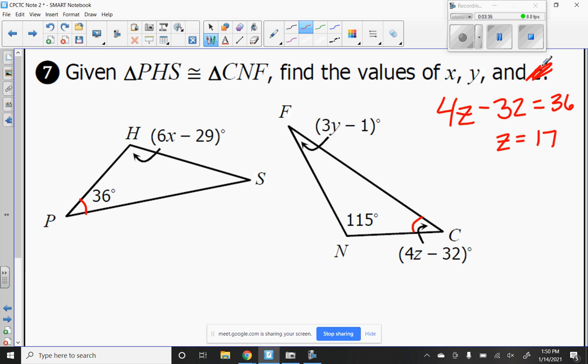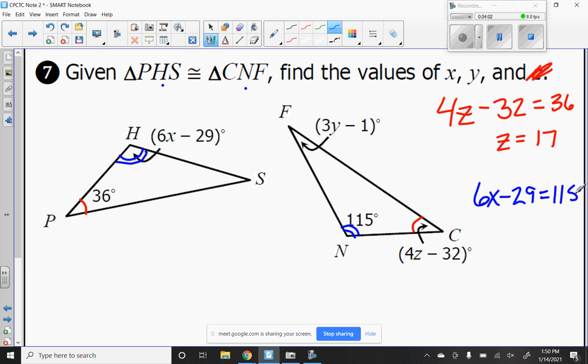You don't have to go in order. I'm just starting with my letters. So now I'm going to look at H and N. So here's H. I'll mark that with blue, double dash, and N. Okay, so now I know my equation for X. 6X minus 29 equals 115.